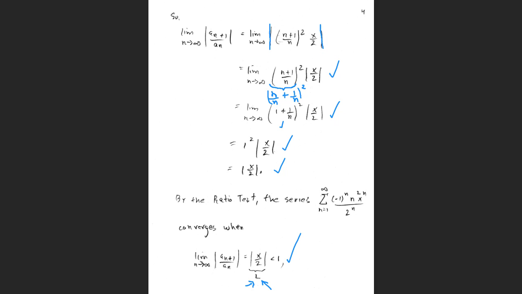We have to solve an inequality. The inequality we have to solve is the absolute value of x over 2 is less than 1. Okay. Are there any questions?